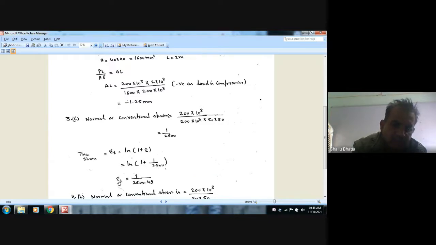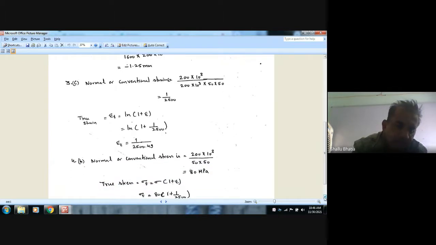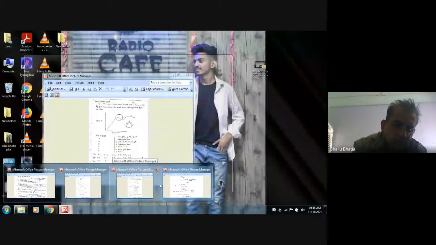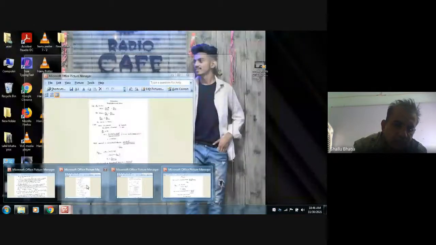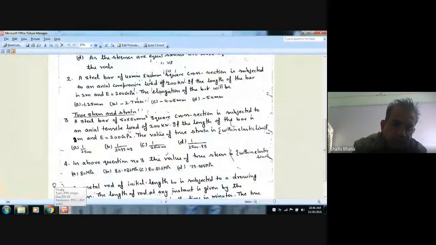So epsilon t is 1 by 2500.49. The idea for this question is to remember the formula for true strain and simple strain.